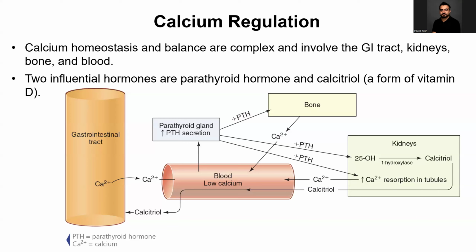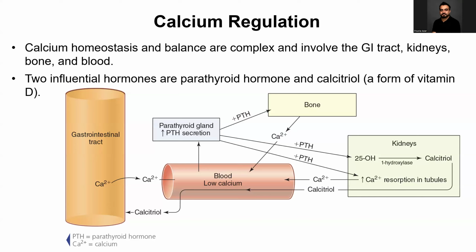PTH increases bone breakdown and releases calcium to the bloodstream in order to have optimal levels of calcium. In the kidneys, PTH also activates vitamin D. It converts vitamin D from the inactive form to the active form, which is calcitriol.